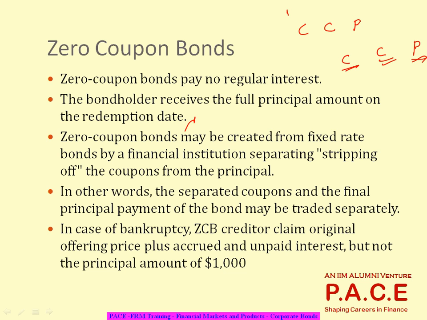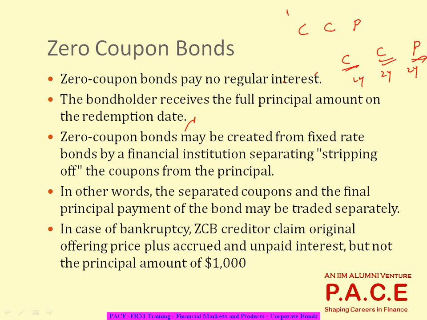And this will have a 1 year maturity, this will have a 2 year maturity, and this also will have a 2 year maturity. So stripping is a process where we break down a coupon bond into one or more zero coupon bonds for the purpose of trading them.